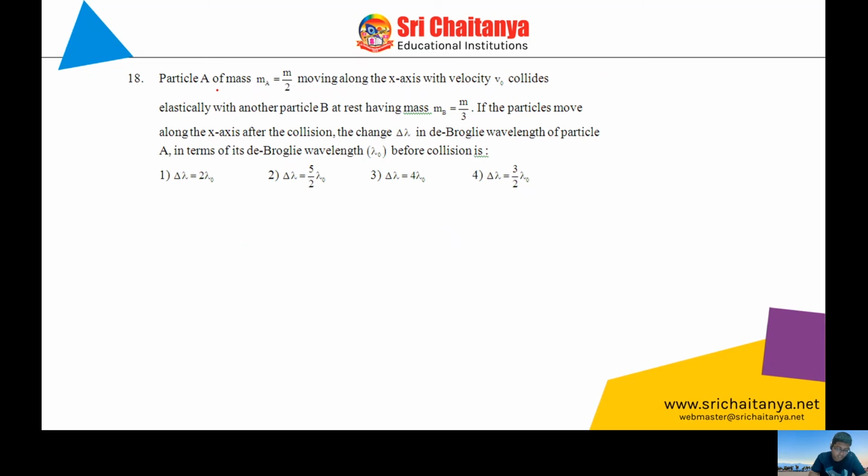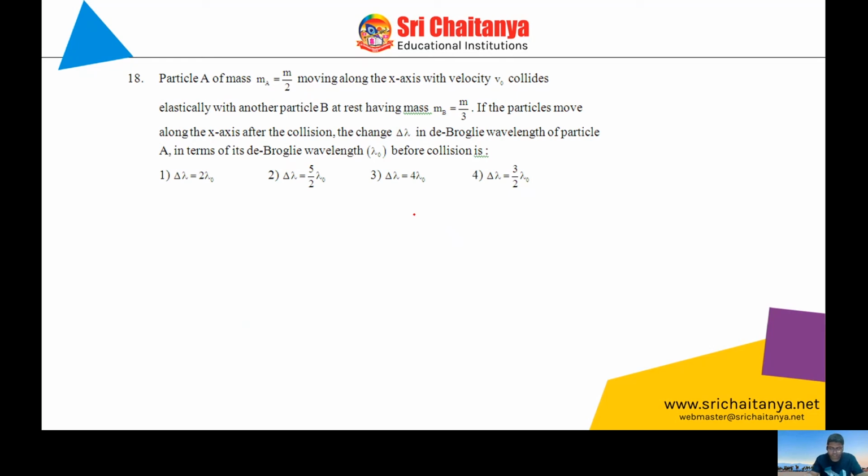A particle A of mass m by 2 moving along the x-axis with velocity v naught collides elastically with another particle B at rest having mass m_B equal to m by 3. If the particle moves along the x-axis after the collision, the change delta lambda in de Broglie wavelength of the particle A in terms of de Broglie wavelength lambda naught before the collision is?